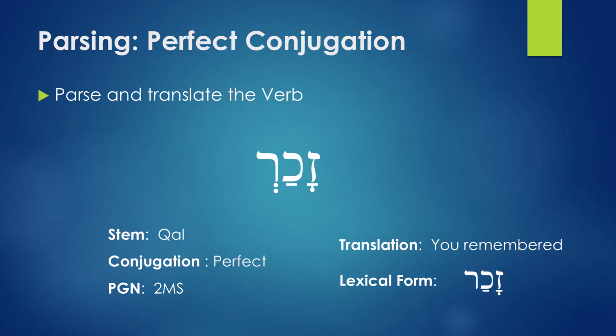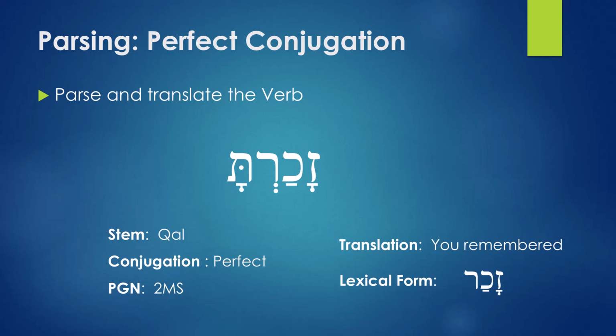Zakar means he remembered. But zakarta, the person, gender, and number is 2ms, second masculine singular. Because the second person is translated as you, it's going to be you remembered, past action. Zakarta, you remembered.